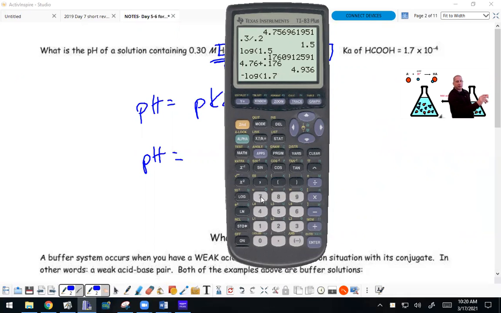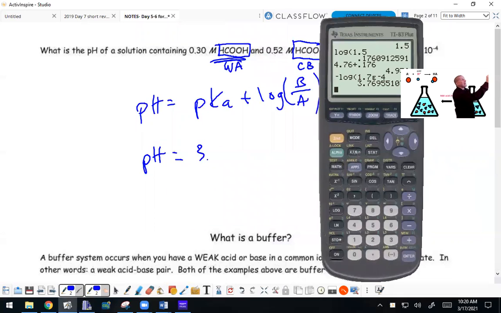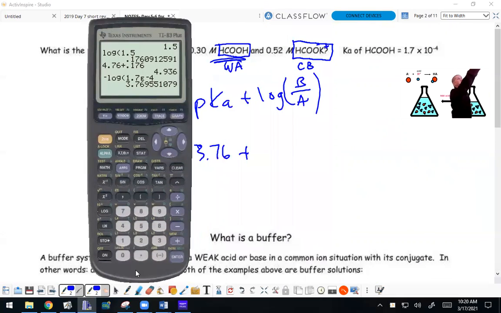So negative log of 1.7 times 10 to the minus 4. So 3.76. So the pKa is 3.76 plus the log of the base. So what's our base? Well, this is our base, HCOO minus, which is 0.52, over the acid, which is 0.3.